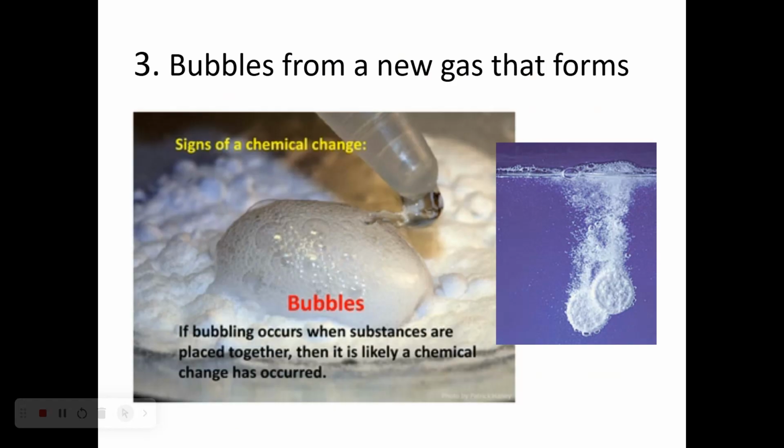Now, bubbles are a tricky one because bubbles can be from boiling. So bubbles appearing is not necessarily a sign of a chemical change, because bubbles can mean a liquid is boiling off, turning into a gas, right? That's not a new gas, that's the same gas. Water boils, it's still water. But we're talking about the bubbles forming from a new gas, and that is a sign of chemical change.